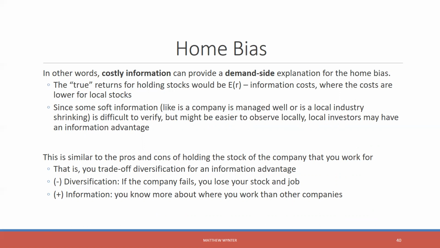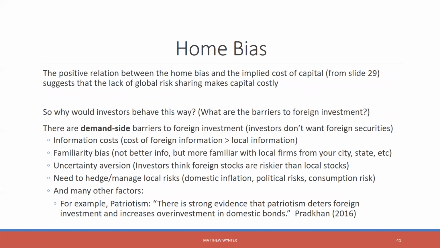I reduce diversification, so if the company fails, I lose my stock and I lose my job. But I know way more about my company than I know about other companies. So I have an information advantage, but I'm also having a diversification trade-off. The positive relation between the home bias and the implied cost of capital suggests that the lack of global risk sharing makes capital costly. So why would investors behave this way?